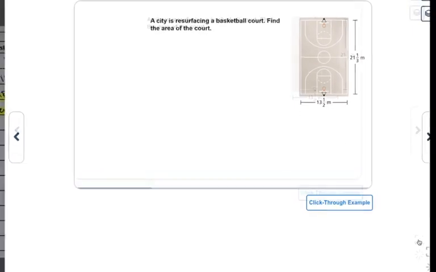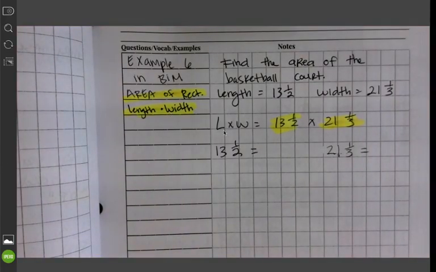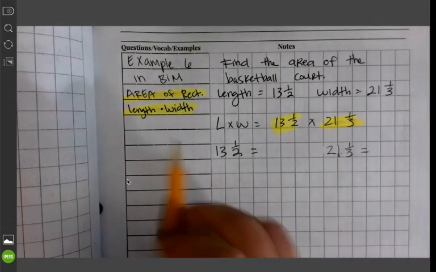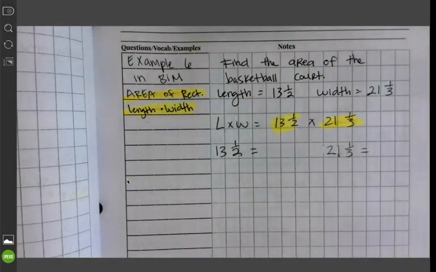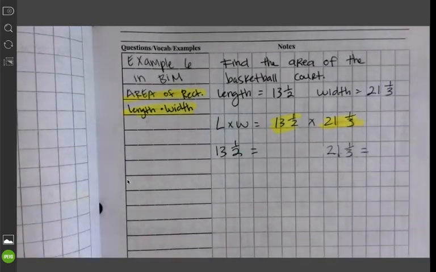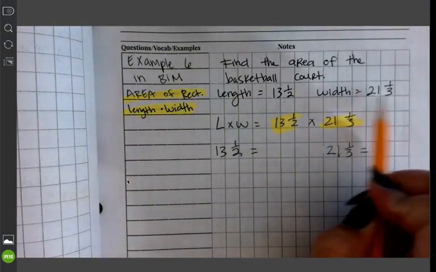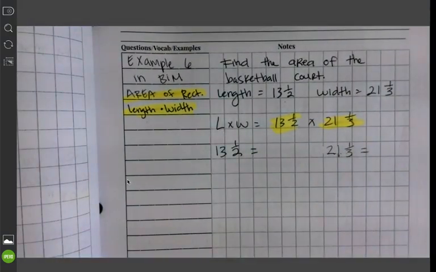Okay, and so let's go back to our notes real quick. I want you to know that the area of a rectangle is length times width. If you want to find the area of a rectangle, it is length times width. The picture told us that the length was 21 1/3 and the width was 13 1/2. Right? We are not allowed to multiply mixed numbers.